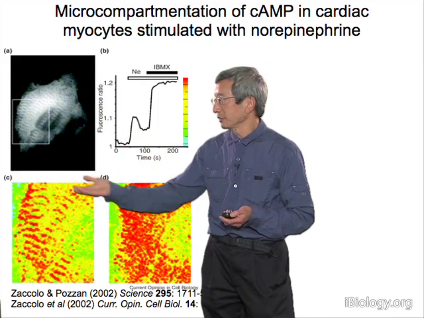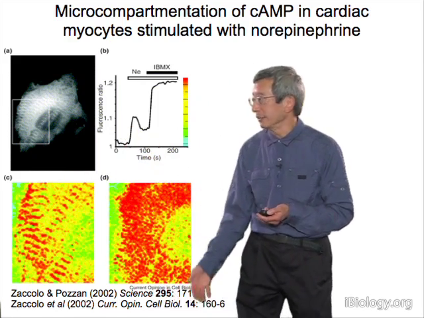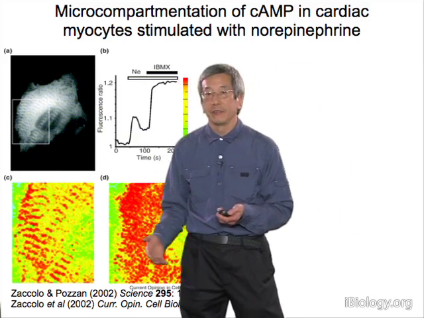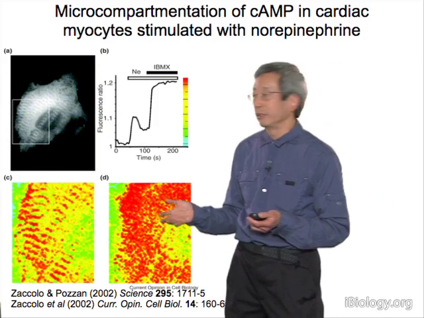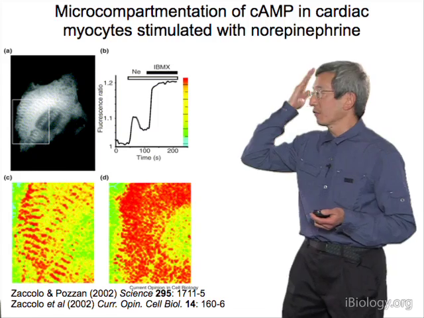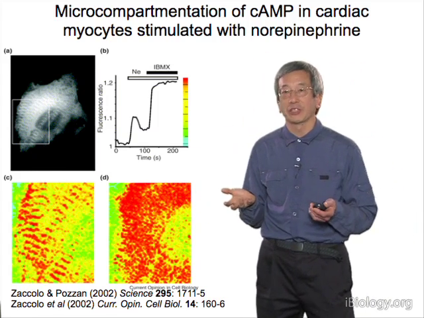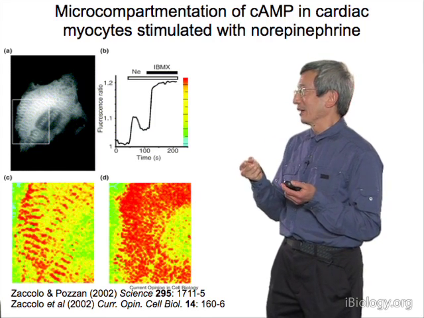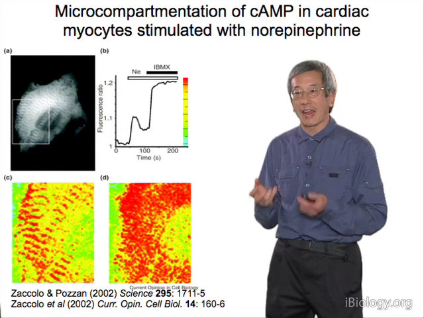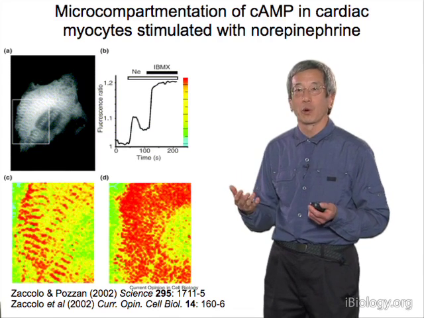And this was the first evidence that really demonstrated directly by imaging that the cyclic AMP elevation caused by different agents, such as norepinephrine, the hormone inside you that speeds up the heartbeat when you're getting excited and your heart is beating faster, doesn't actually raise the cyclic AMP uniformly.